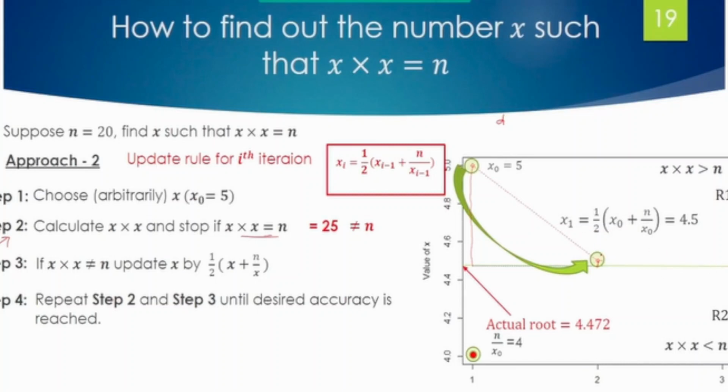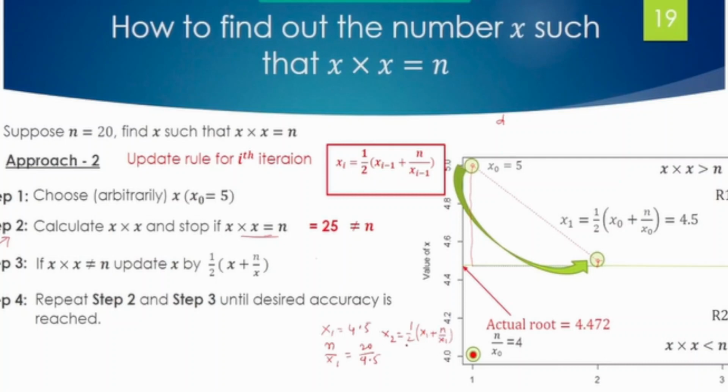Now let's proceed. So we are in x1 here. We know that x1 equals 4.5. So now we will find the quantity n by x1, which is 20 by 4.5, right? Now we will calculate x2. How should we calculate x2? Your x2 will be equal to half of x1 plus n by x1.